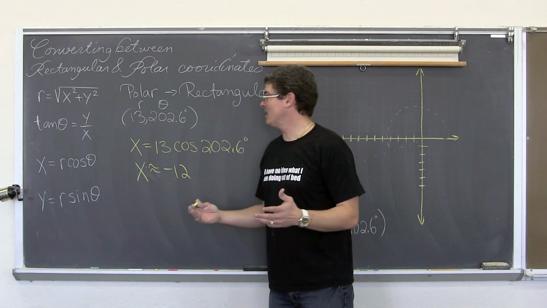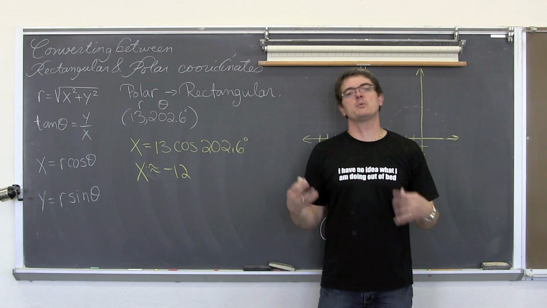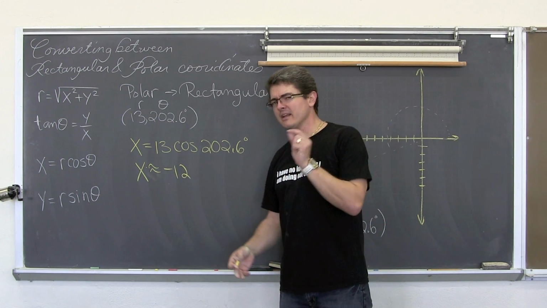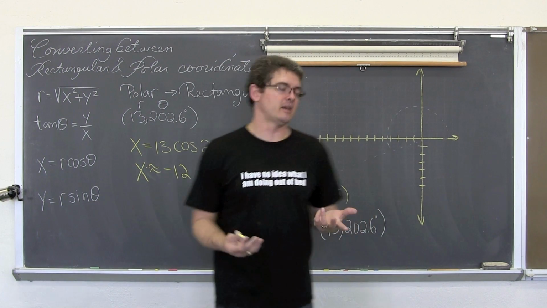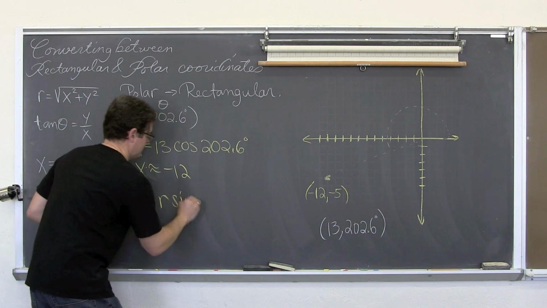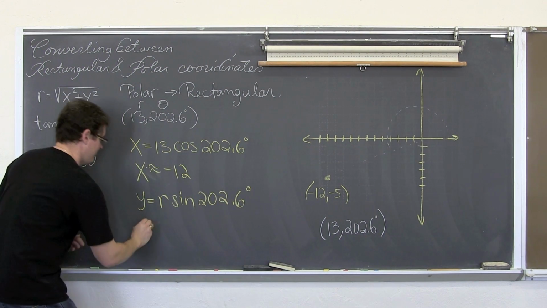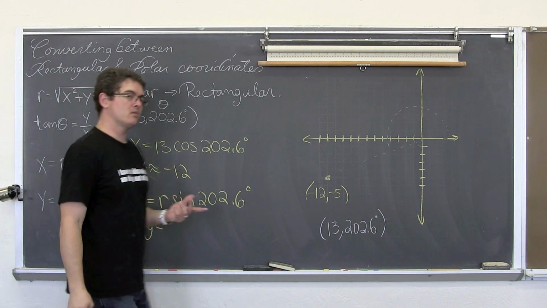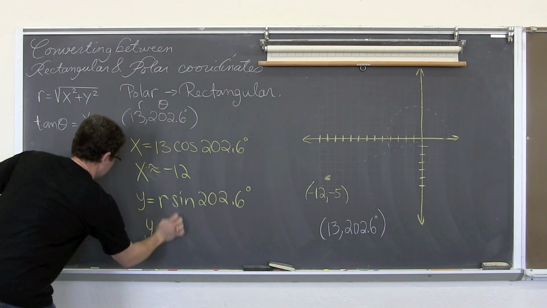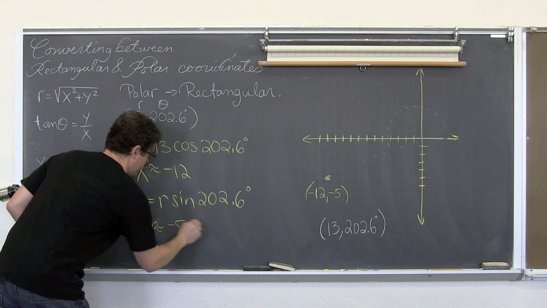I don't know, 202.678, no, of course we rounded off a little bit. So it's going to be a little bit off due to round off error, but x is going to be negative 12. And y is going to be r sine theta, and that means that the y value out of your calculator is going to be effectively, and it depends on how much you've rounded off or did not round off, negative 5.